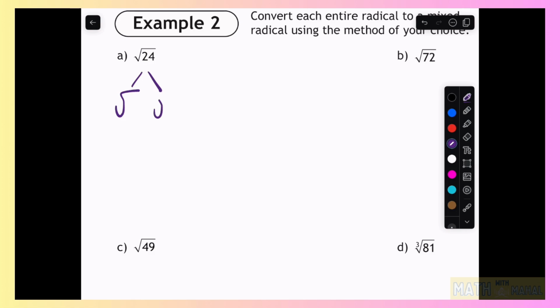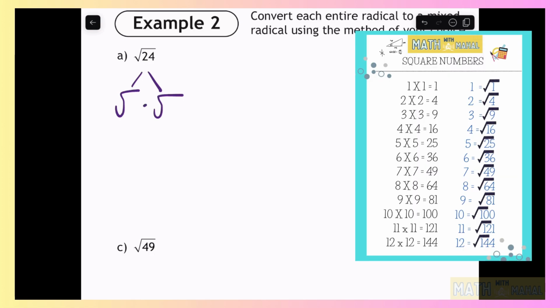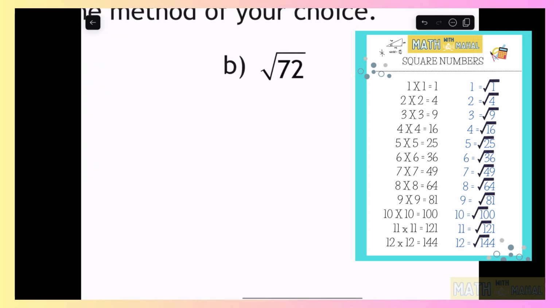Well, I'm going to look at two factors that multiply to 24, and one of them is a perfect square. So that's going to be, for me, 4 times 6. We know the square root of 4 is 2 times root 6. Root 6 can just be kept the same, because we can't break that down any further into a perfect square. So our answer for this is 2 root 6.